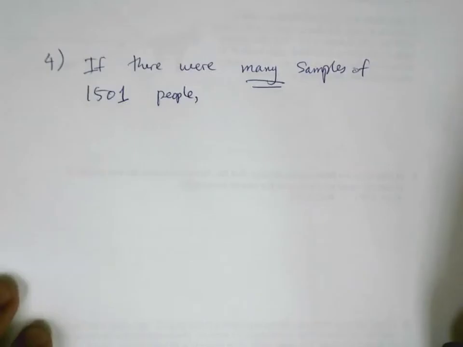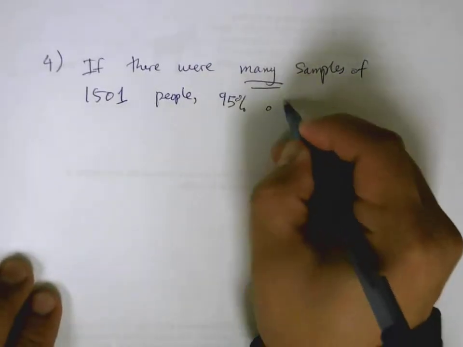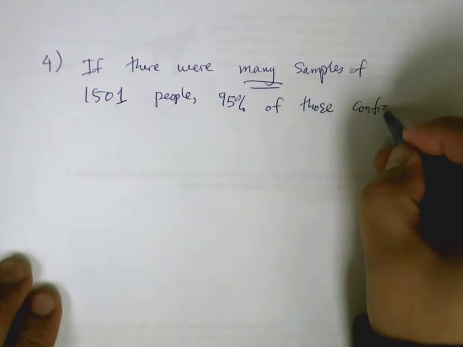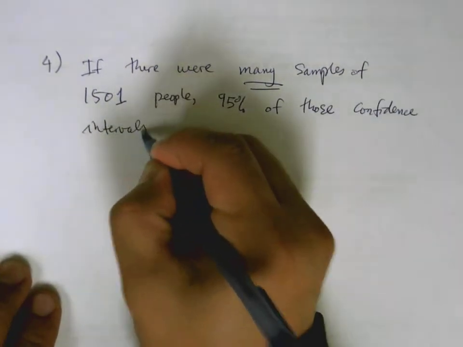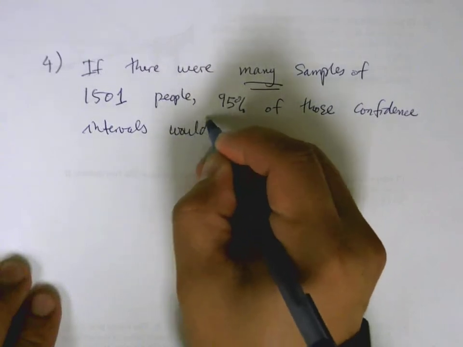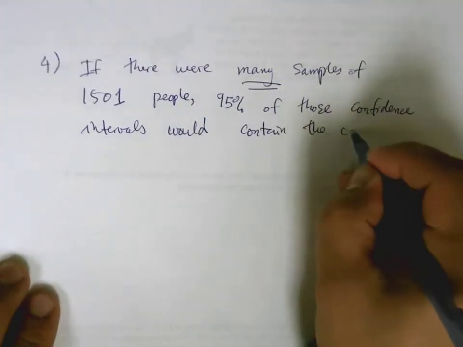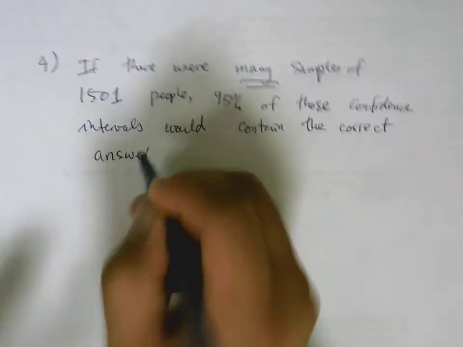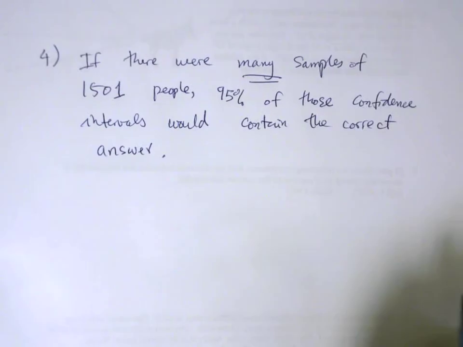Okay, 95% of those confidence intervals would contain the correct answer. So this is the correct interpretation.